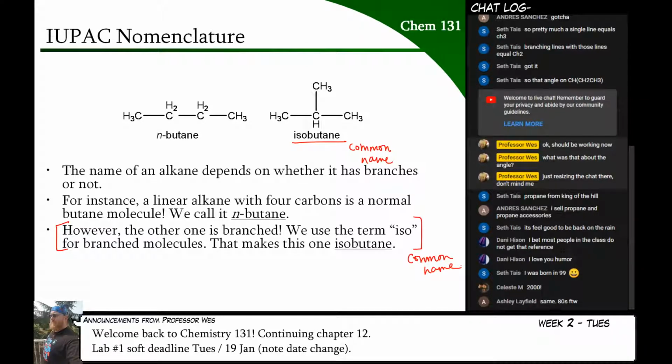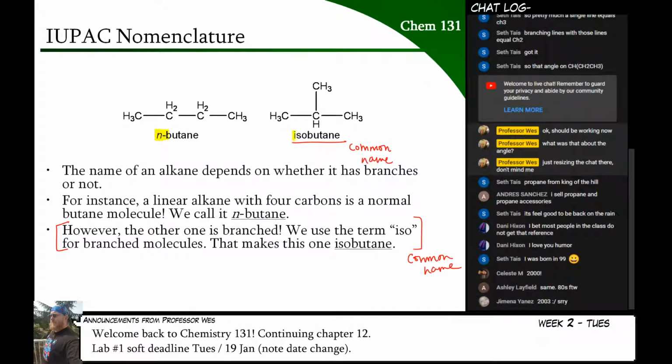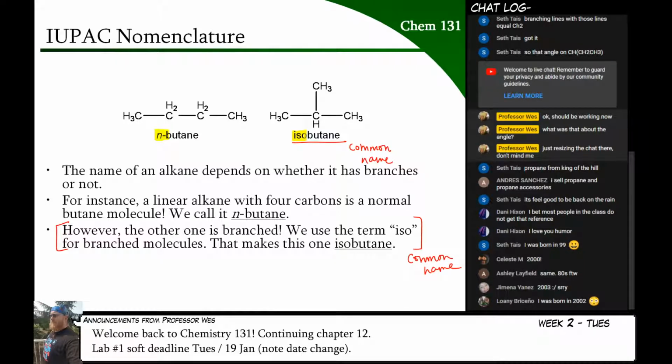What we do care about, though, on this slide is that specifically, if you see N or iso, the term N means that the molecule is quote-unquote normal. What a normal molecule is, is linear. Or in other words, there are no branches.